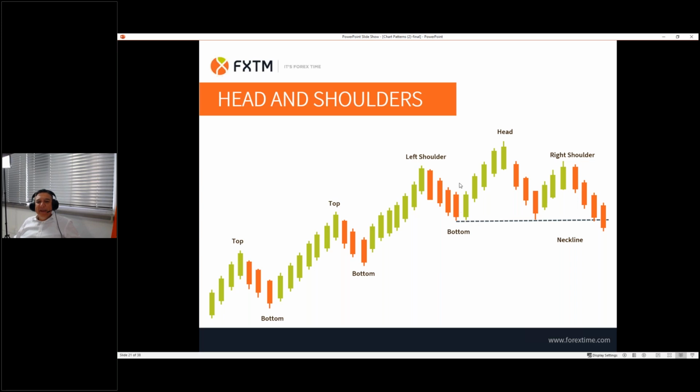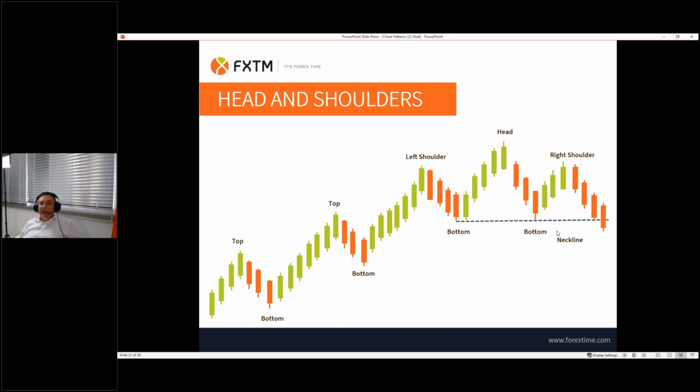Now, this head and shoulders pattern forms 2 bottoms. Do you see these bottoms here? By connecting the 2 bottoms, what we actually get is what is called the neckline. When prices fall below the neckline, then the head and shoulders formation is in place.